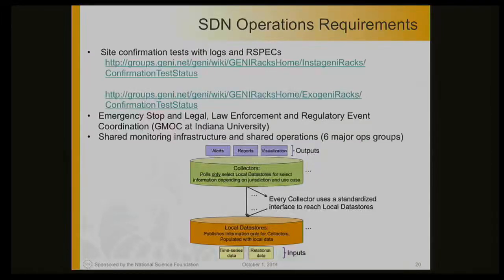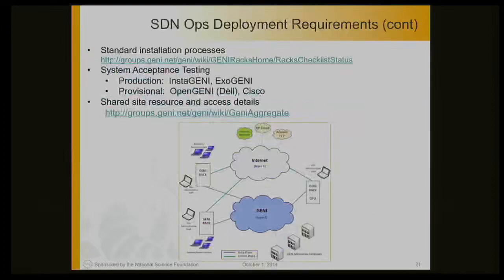So this is a little picture of an architecture that we're trying out in GENI. And we sort of have a standardized process for deploying and testing SDN nodes in GENI, and I put some links into those if people are interested in coming up to speed and participating.